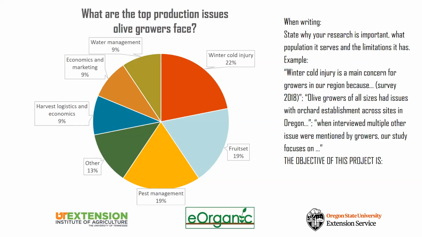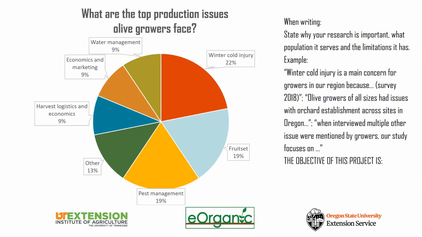And when interviewed, multiple other issues were mentioned by growers in our study, and our study focuses on this. So give the appropriate background in your introduction so that the person reading that publication can see why it's done and the different things that you are going to be covering specifically.